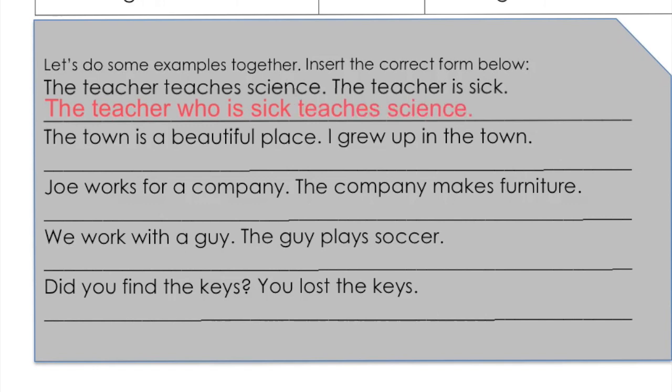Let's look at the next example. The town is a beautiful place. I grew up in the town. What two things can we connect? Or what information or what words might be similar in both sentences?